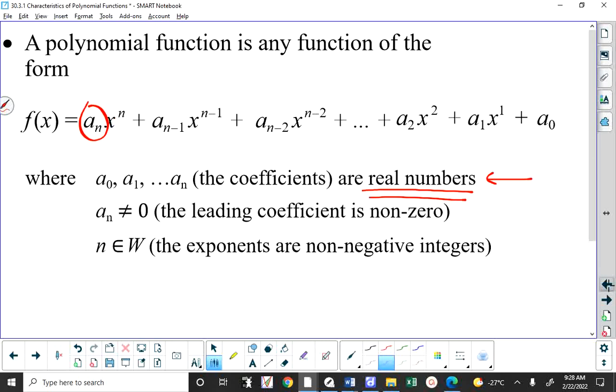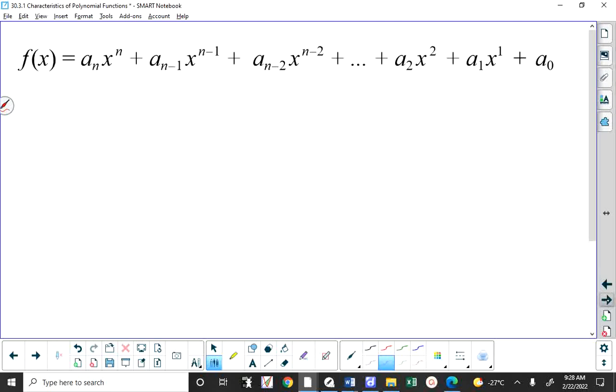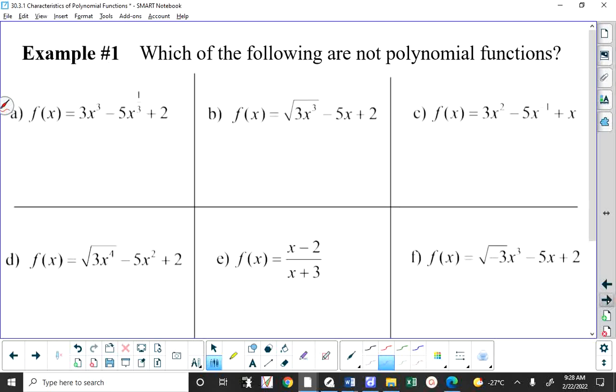Thank you. So which of these are polynomial functions? Well, which are not polynomial functions? Well, this one's not. Can somebody explain to me why this is not a polynomial function? Jonathan.